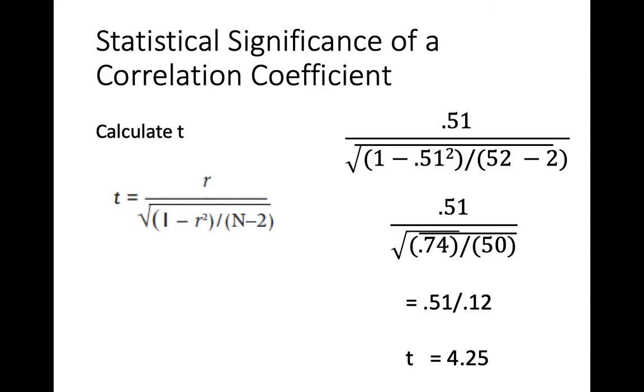That's getting big. It turns out when we convert 0.51 to a t, 0.51 is 4.25 standard errors away from the mean of 0. So we should think, well, that's pretty unusual. That doesn't happen much of the time.